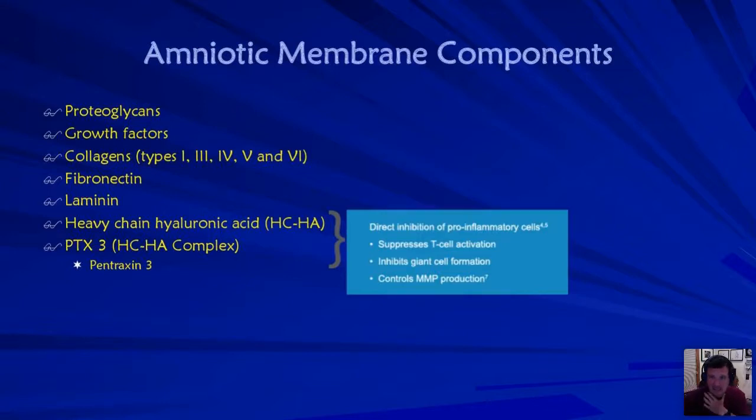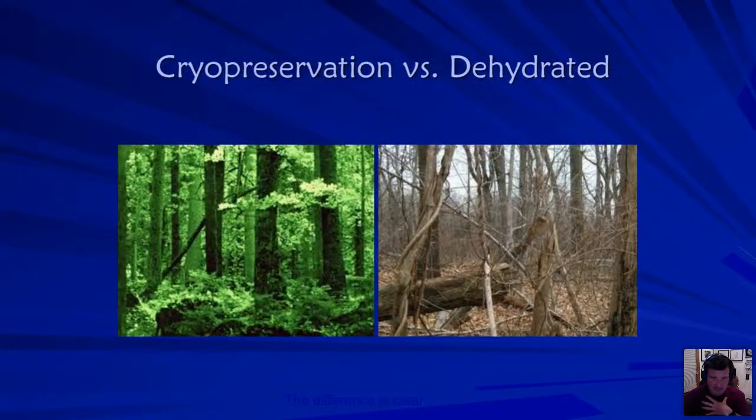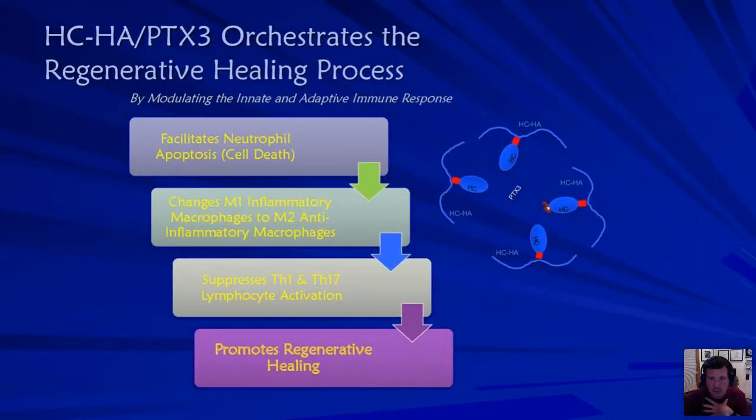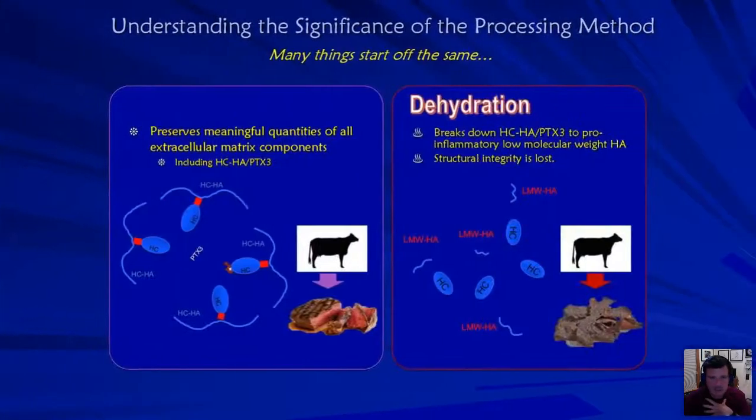And that's how the FDA has allowed these two different types of nomenclatures to be out there. So my point is, just make sure you know the difference between cryopreserved and dehydrated. When you're treating the patient, it's the heavy chain hyaluronic acid and pentraxin 3.